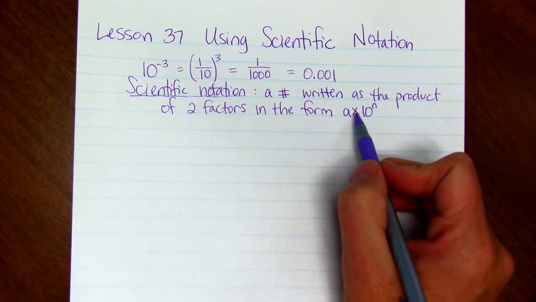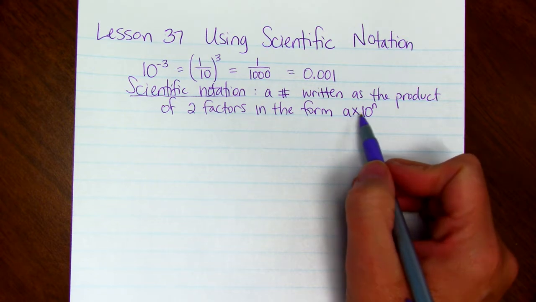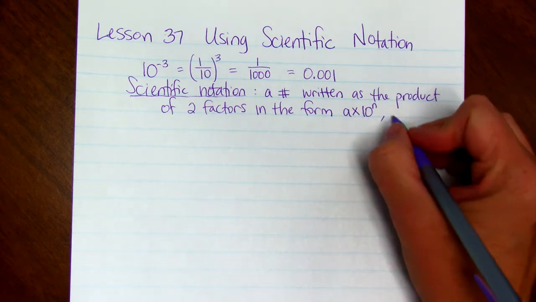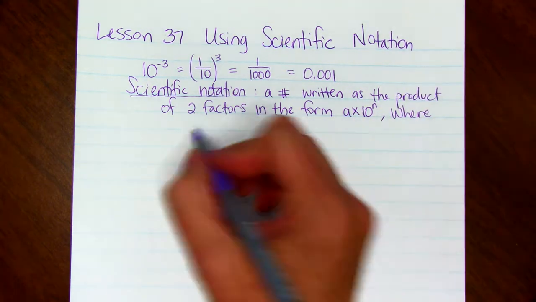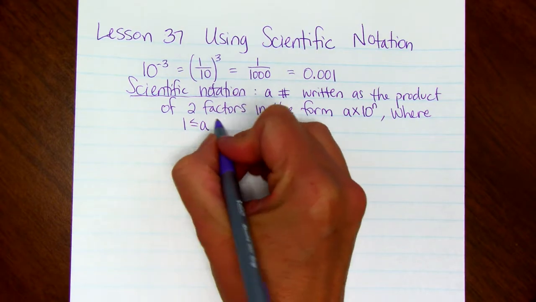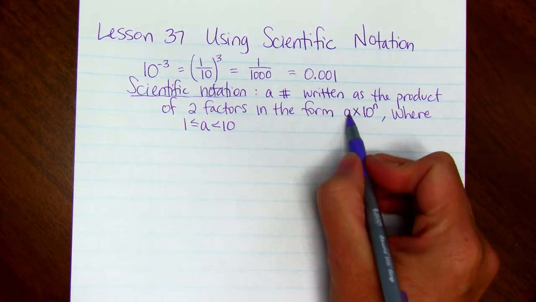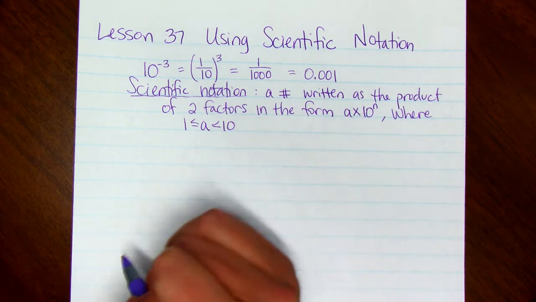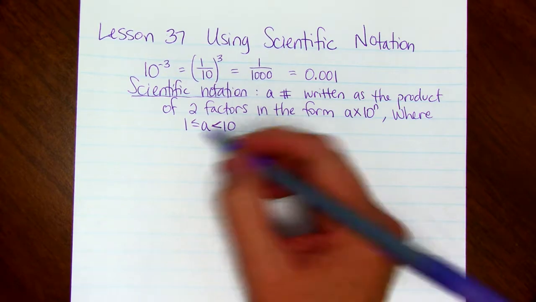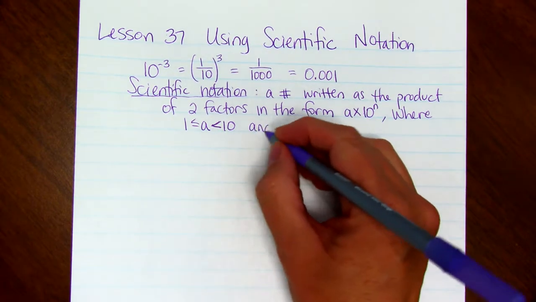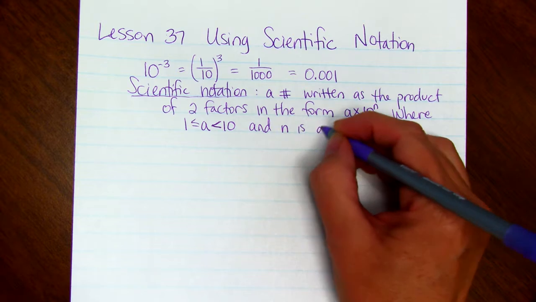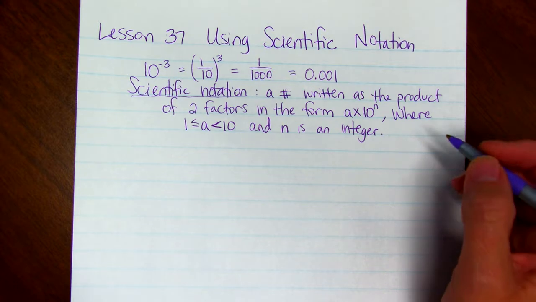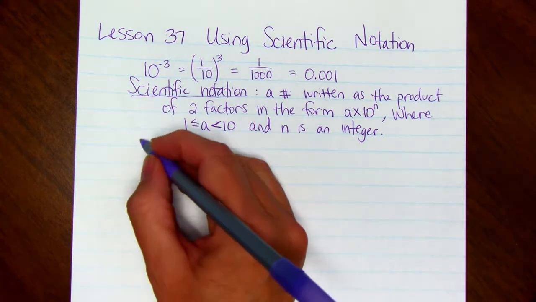The times symbol, we use an x. In scientific notation, every time we use an x. Where 1 is less than or equal to a, which is less than 10. So your number here must be between 1 and 10, not including 10, but it could be equal to 1. And n has to be an integer. So it can be positive, negative, not necessarily 0.